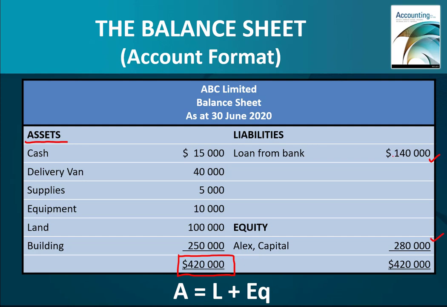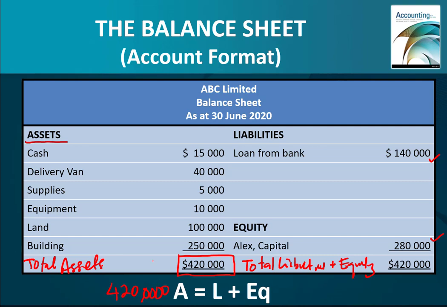So this is your liability plus capital. It should be equal to your total assets. So this is your total liabilities plus equity. Okay, this is your total assets, that is 420,000.